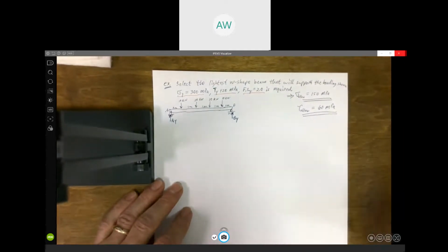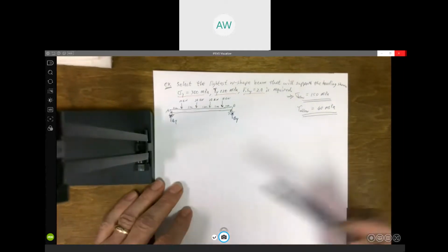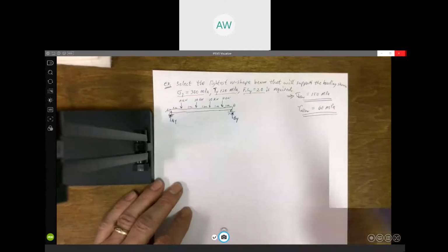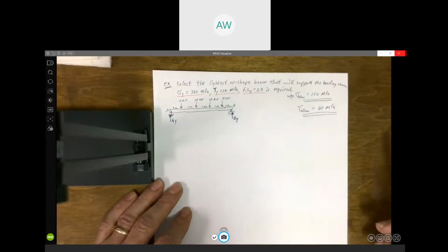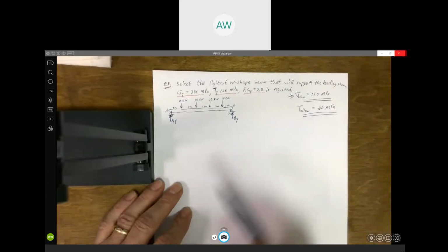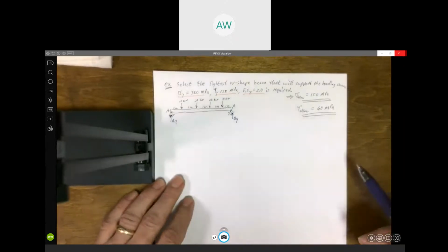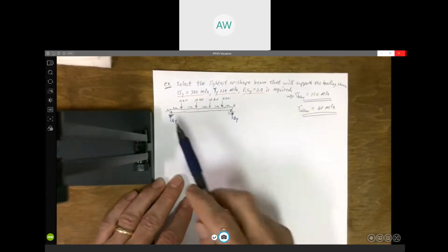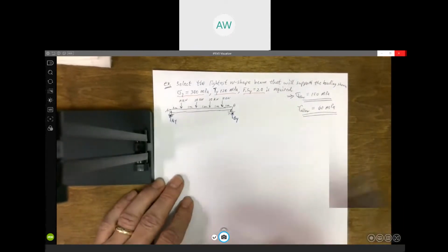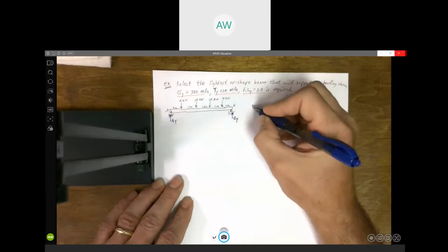Now, we could certainly apply our equilibrium equations and calculate those. Sum the moments about A or B, solve for the other one, then sum the forces in the Y to get the other one. But here we can take advantage of symmetry. If you notice, the loading is symmetric, the spacing is constant throughout. There's no need to go through that. We can just use symmetry.